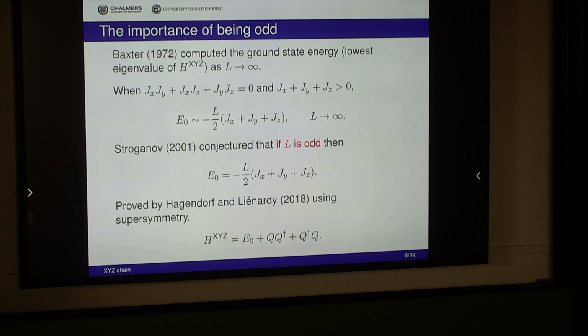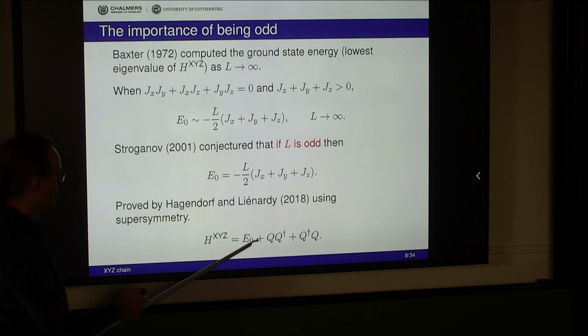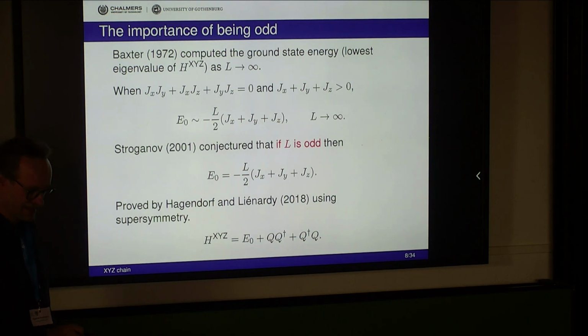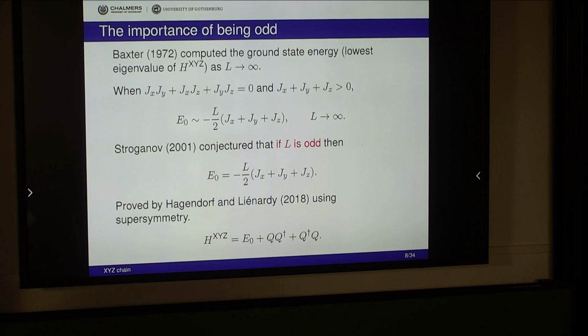And this was actually proved not that long ago by Hagendorff and Leonardi using this supersymmetry I mentioned. So this constant I told you about is this E naught. This gives some lower bound of the energy, and then they show, just using some general principles, that this lower bound has to be achieved for chains of odd length, but not for chains of even length. So it's a difference.